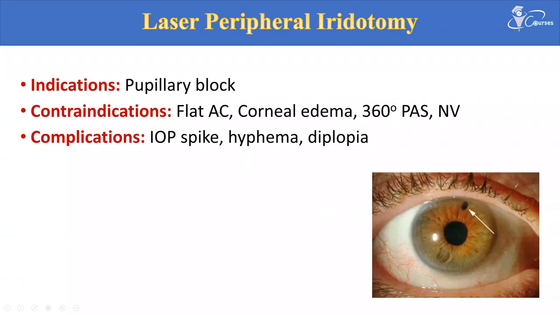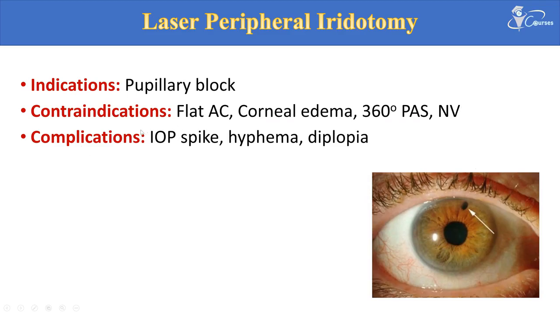Contraindication is a flat anterior chamber, as you are risking a corneal burn, as there is iridocorneal touch. With corneal edema, you will not be able to visualize and focus your laser beam onto the iris. With 360 degrees of peripheral anterior synechiae, the laser will not be effective, and with neovascularization, it will cause hyphema.